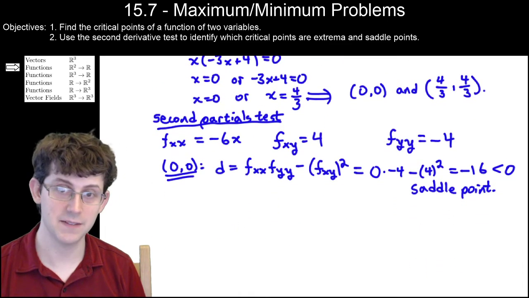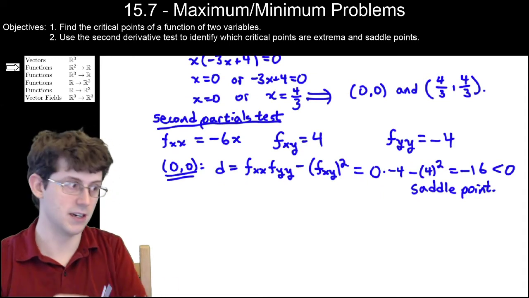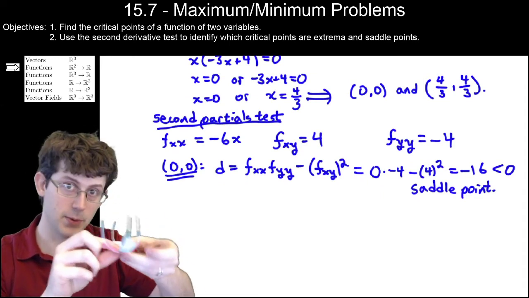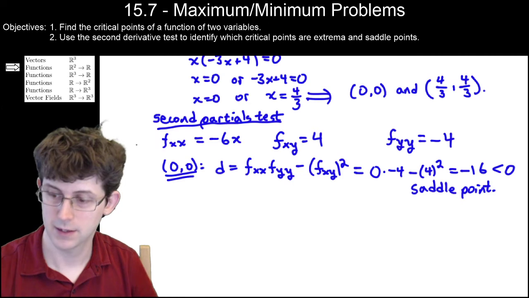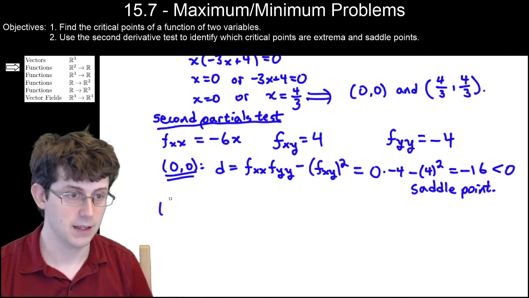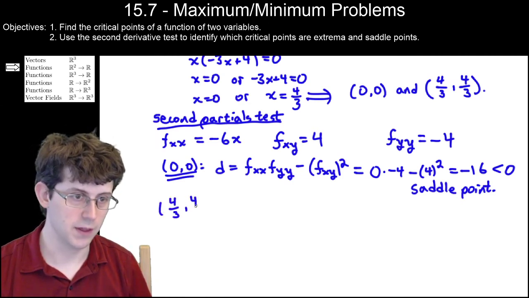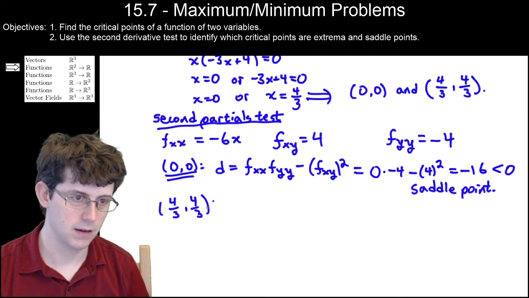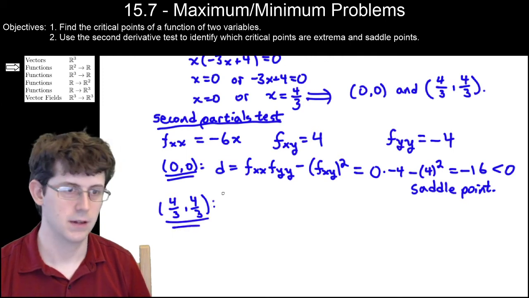If D is positive, then you check which situation you're in, whether you're in the bowl that's up or the bowl that's down. Let's look at the other one. At (4/3, 4/3), find D again.